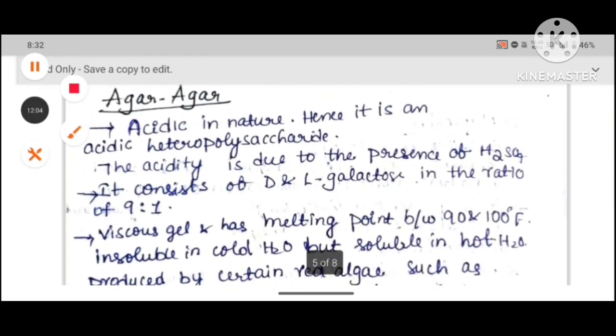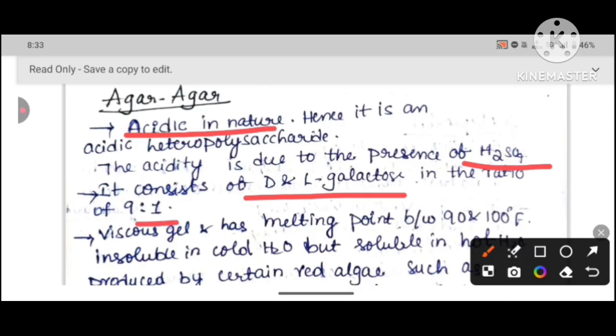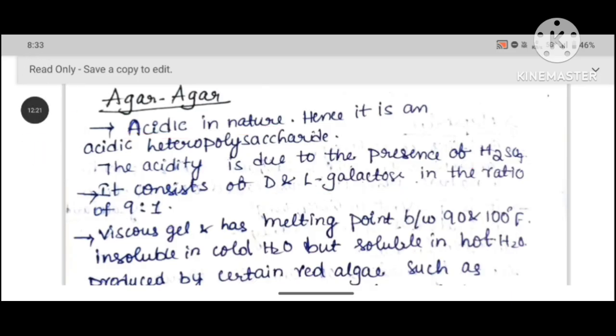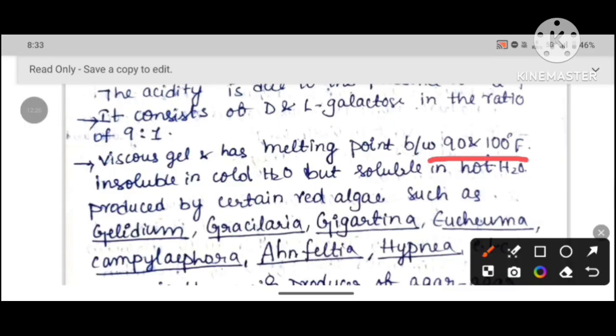Agar agar is again a mucopolysaccharide which is acidic in nature, hence it is an acidic heteropolysaccharide. The acidity is due to the presence of H2SO4 in its composition. It consists of D and L galactose in the ratio of 9:1. It is a viscous gel and has a melting point between 90 and 100 degrees Fahrenheit.